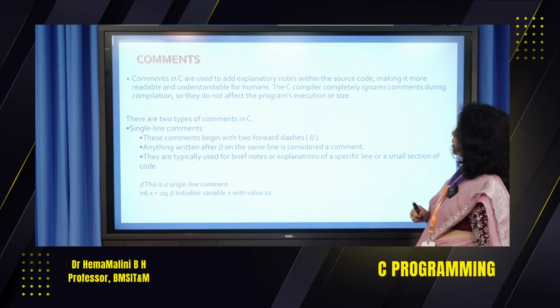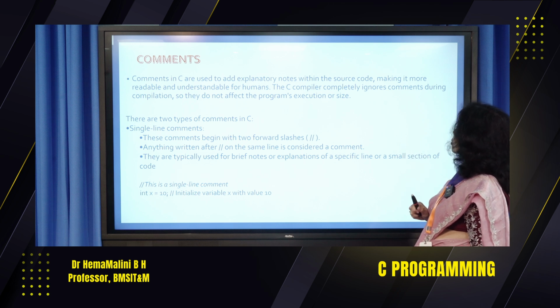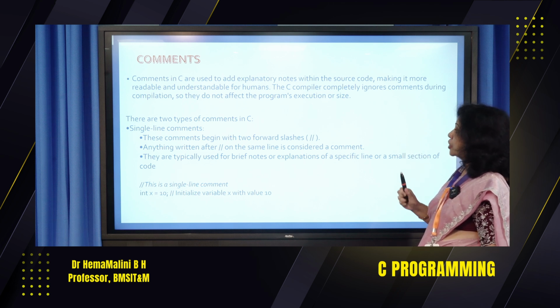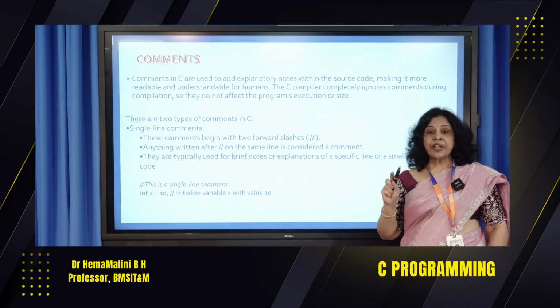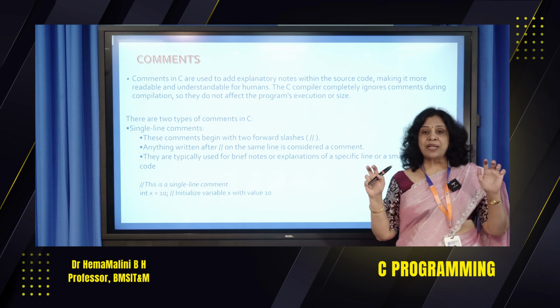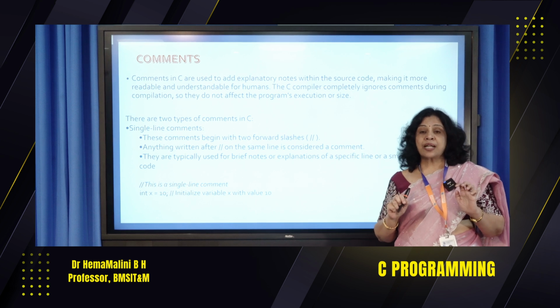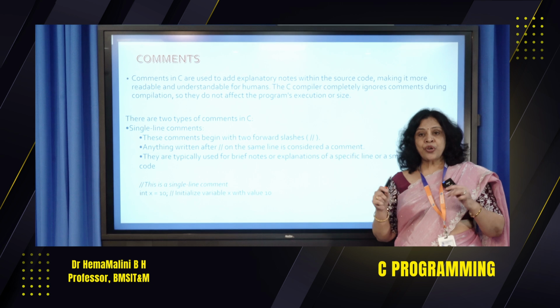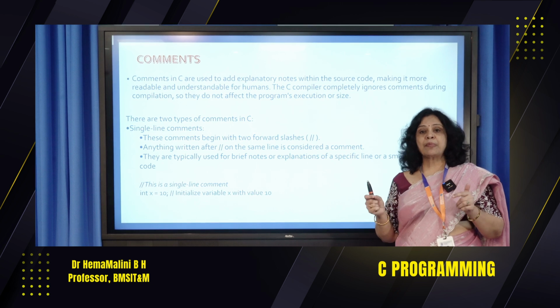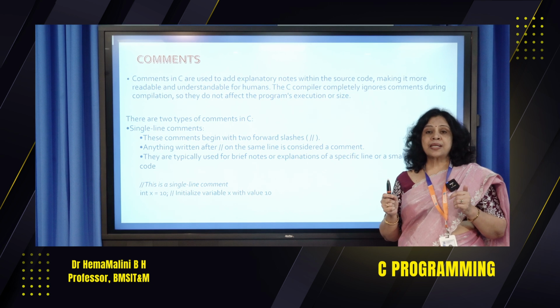The C compiler completely ignores comments during compilation, so they do not affect the program's execution or size. This is very important. Whatever you write within the comment section is not translated by the compiler. Whenever the compiler sees a comment, it will just ignore it and move on to the next line. So if you make spelling mistakes or grammatical mistakes, the compiler doesn't care.